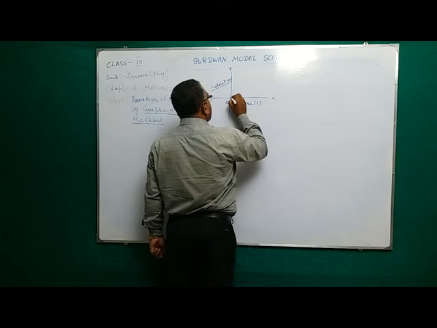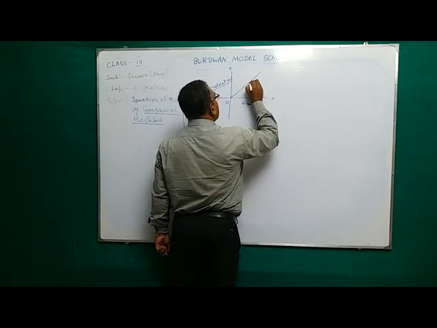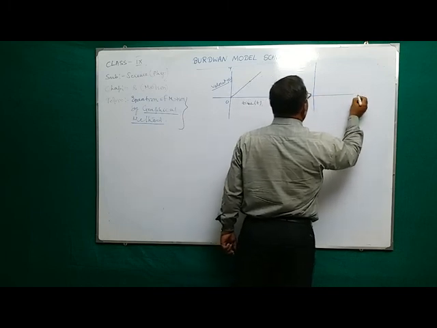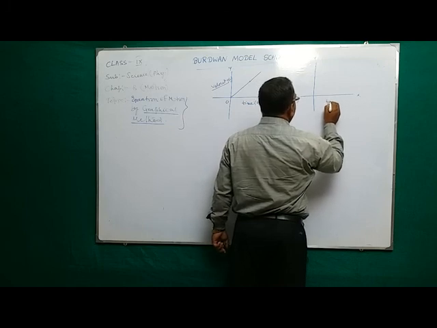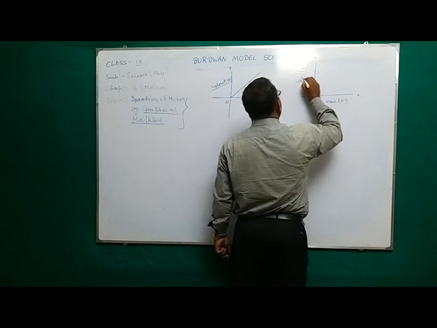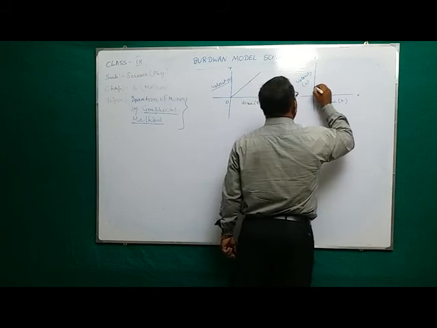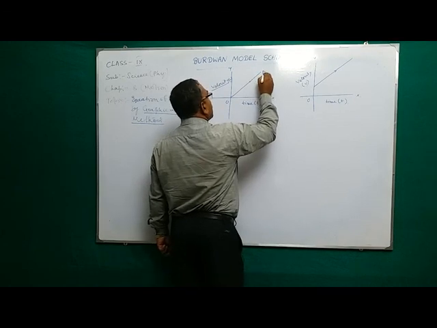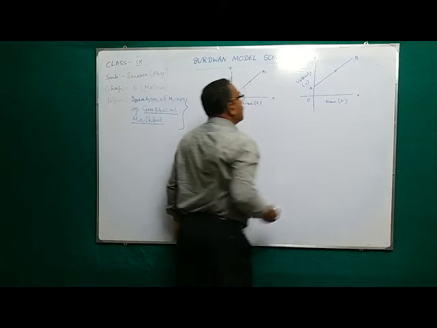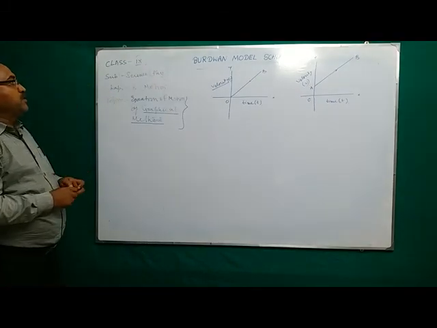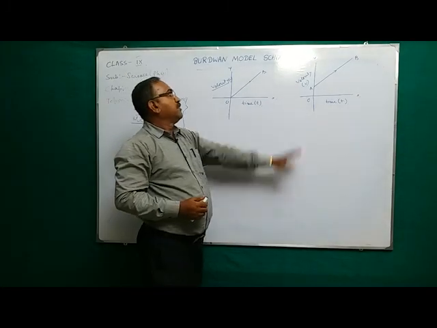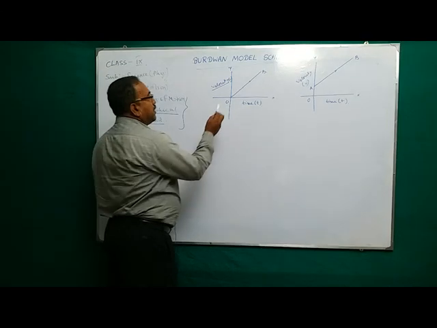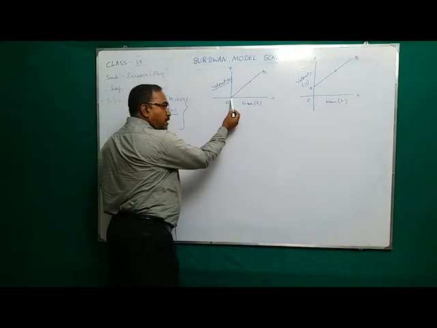Suppose this line and that line. From this figure and that figure, you must be clear, both are the same nature, but you see the object starts from rest, that means the initial velocity is 0.